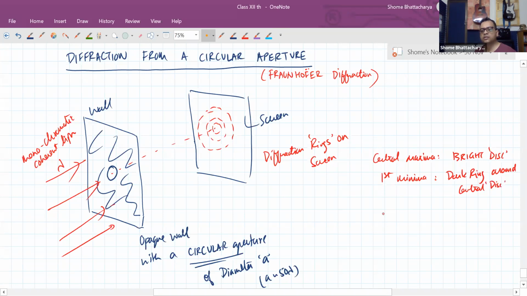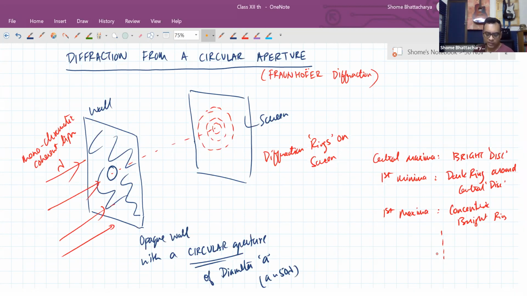Okay. Then first maxima is a concentric bright ring, and so on and so forth. Okay. So this is the diffraction pattern. So just make a quick note of that if you like.